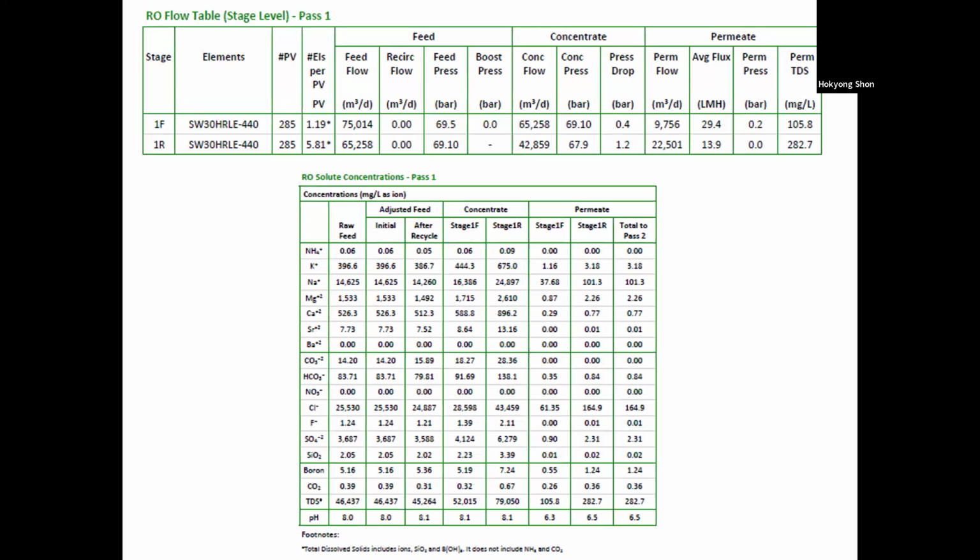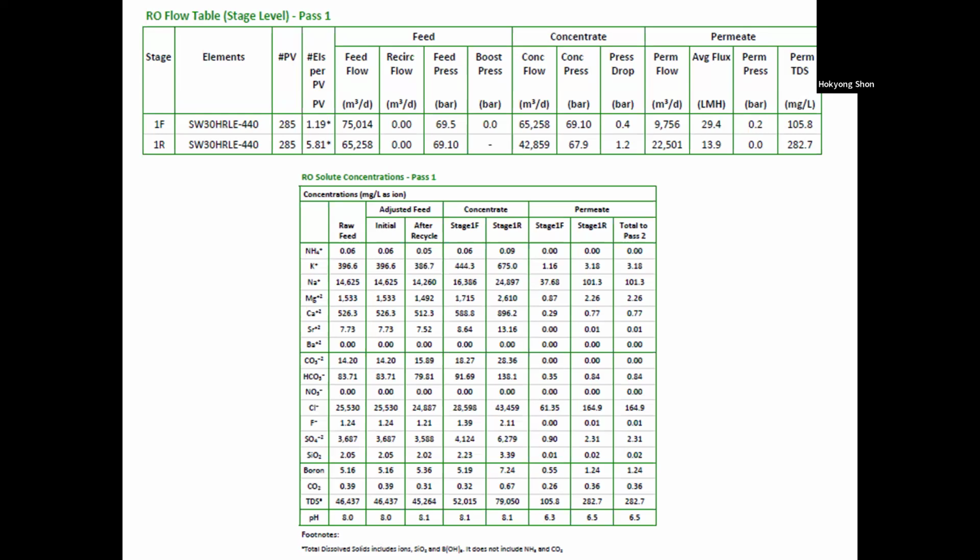That's all the detail you can find in your report. If you put in your specific feed water individual ion concentrations, your report will show you which position has how much concentration. So you can see the final product and then decide how you can make a better design.